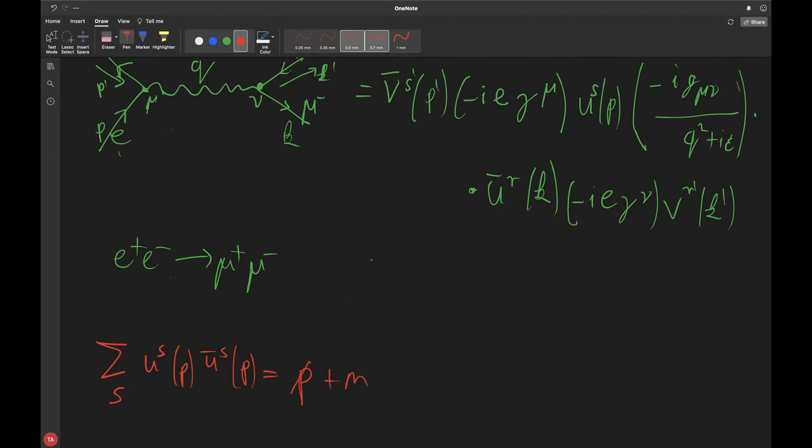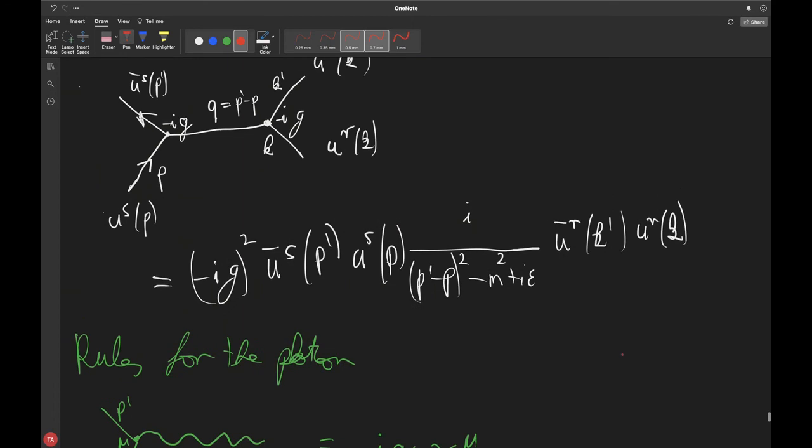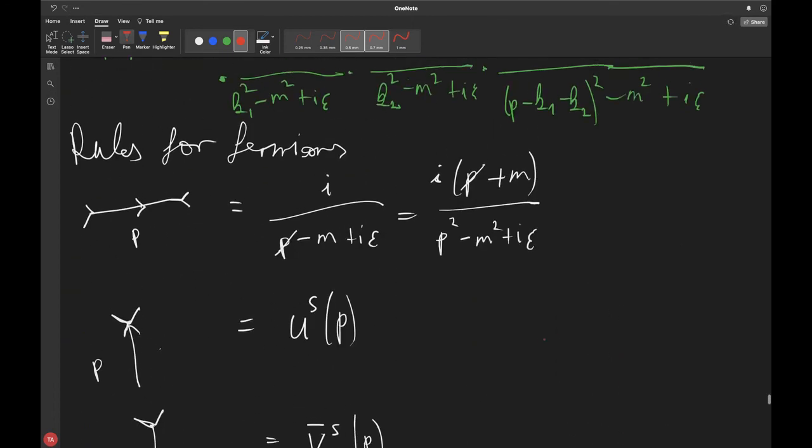So when we do the calculations later, these will be summed and will lead to a bunch of p slashed matrices with the mass, and then we see that we also have this p slash in the denominator or in the numerator up here after doing this transformation.